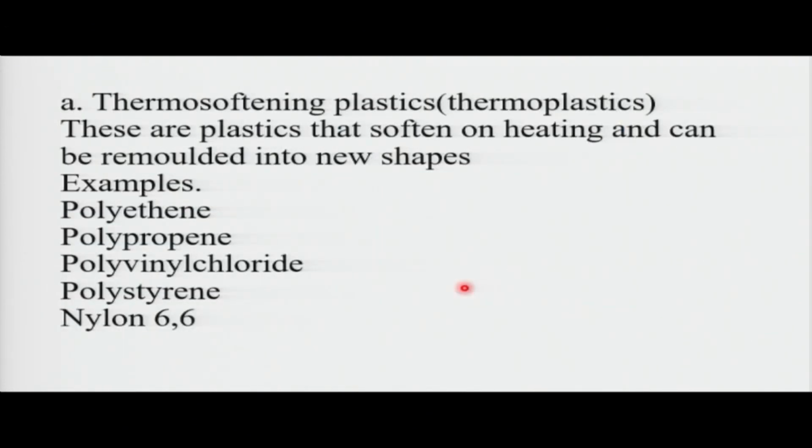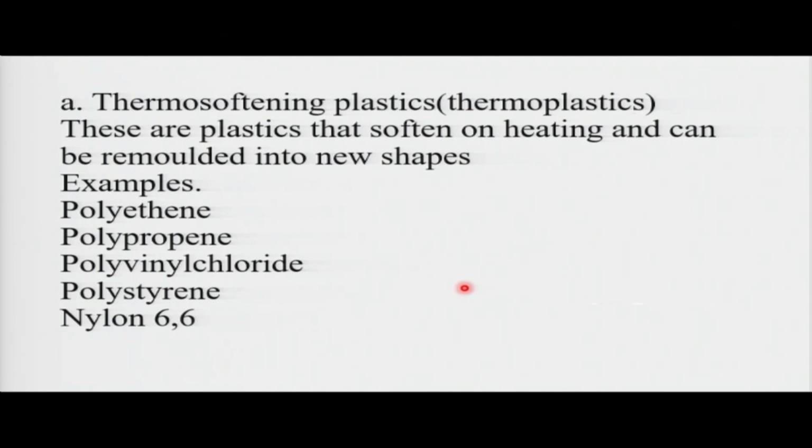We said thermosoftening plastics, the thermoplasts, are those which soften on heating and can be remolded, meaning they can be recycled. Most of our plastics are thermosoftening plastics, the ones we have talked about.